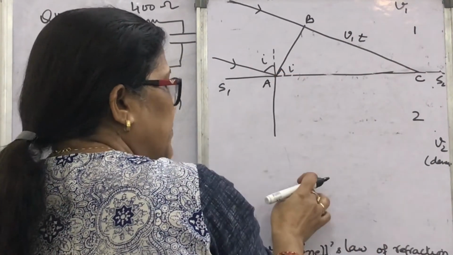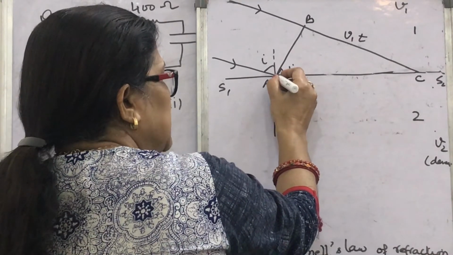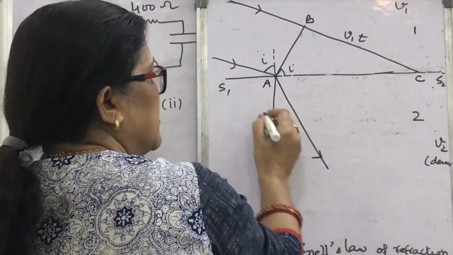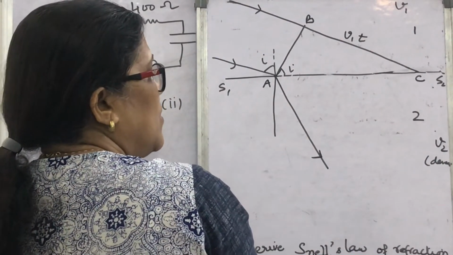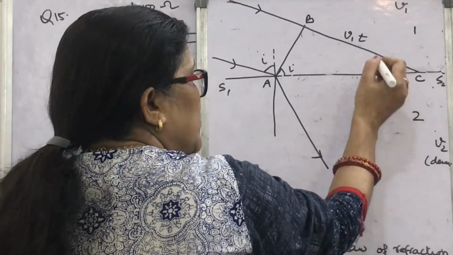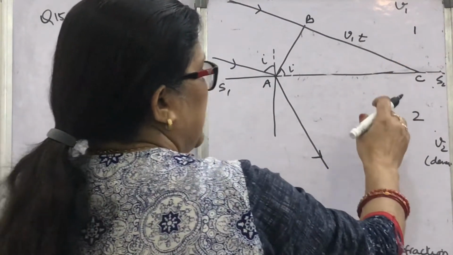This ray is refracted and towards the normal it bends like this. Will it bend or not towards the normal?